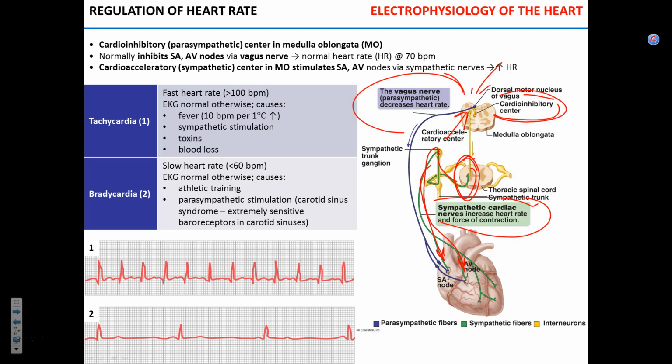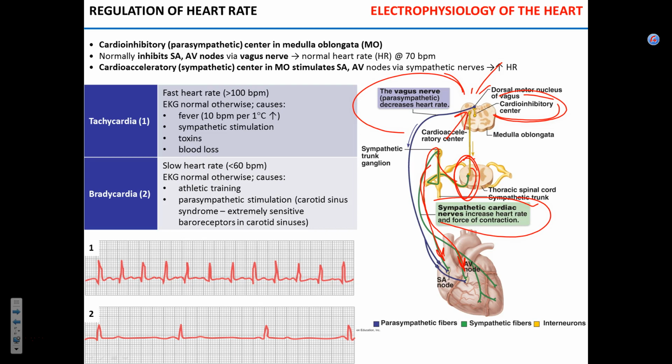You have low blood pressure. Which one's going to be activated? Acceleratory, right? If you have high blood pressure, which center is going to be activated? Cardioinhibitory. Does that make sense? And you have to remember that cardioinhibitory center is under parasympathetic control.